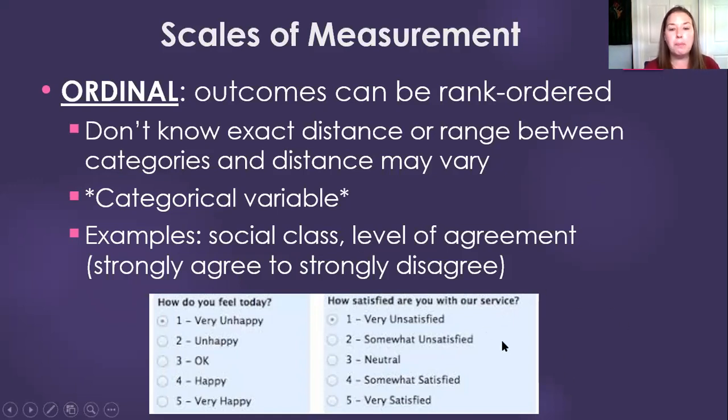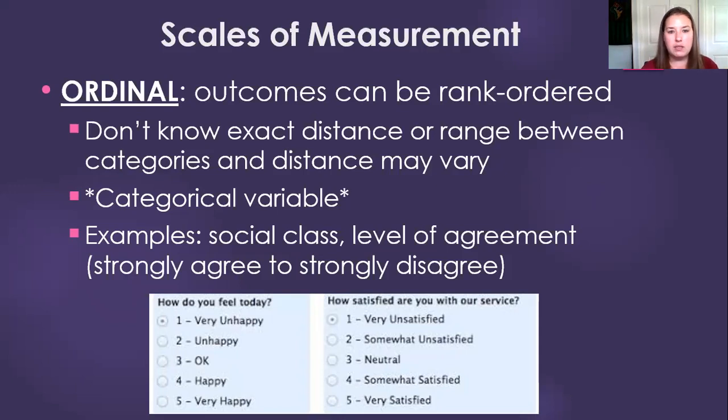We can't use a number value to say somebody who answered very unsatisfied is 2 more times higher than somebody who answered neutral, right? We're not identifying some quantitative value for these. These are categorical options that go in some ranked order, but we don't know the exact distance or range between those categories.